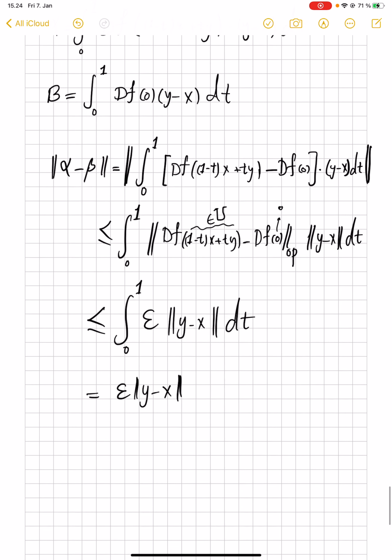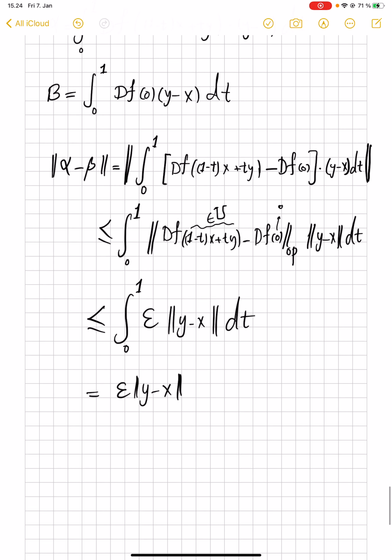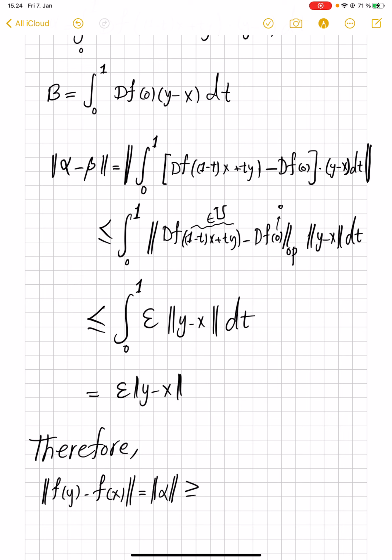Okay, why did I do this calculation? Because I wanted to estimate from below this quantity, but this quantity is just my alpha, and now by the triangle inequality, this is at least norm of beta minus norm of alpha minus beta.